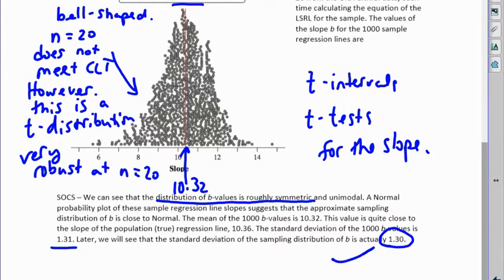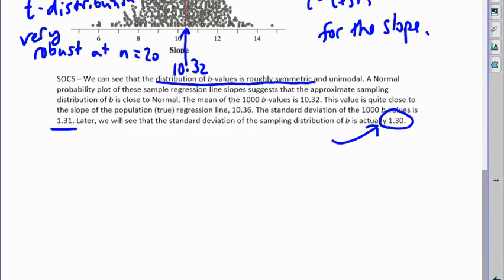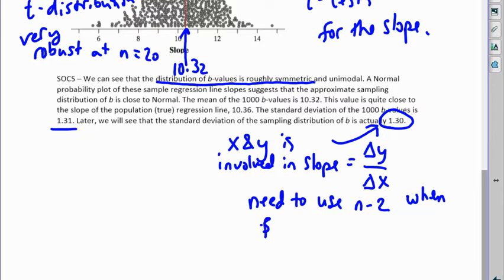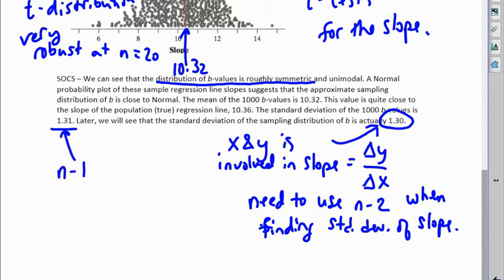Because slope involves both x and y, because it's change in y over change in x, we actually need to use n minus 2 when finding the standard deviation of slope. This one here was using n minus 1.